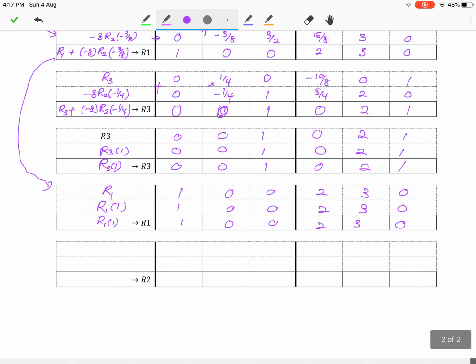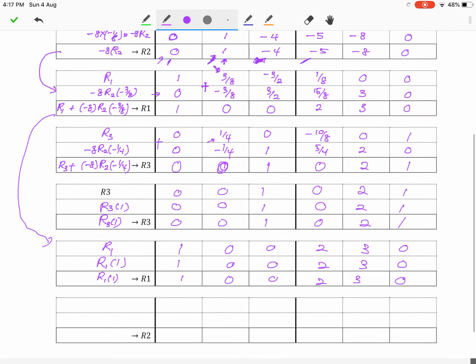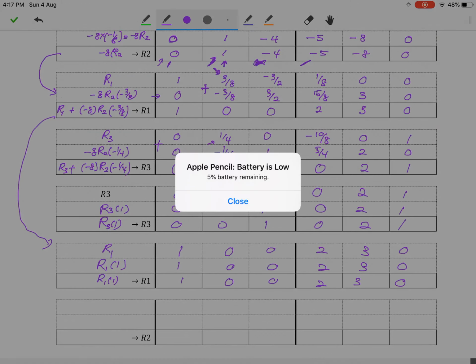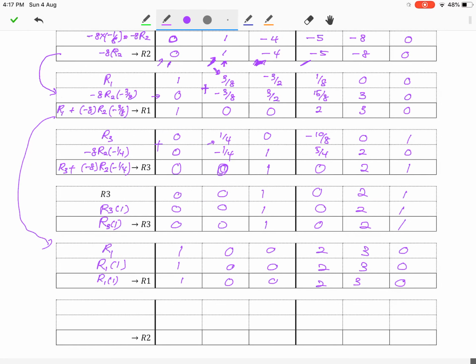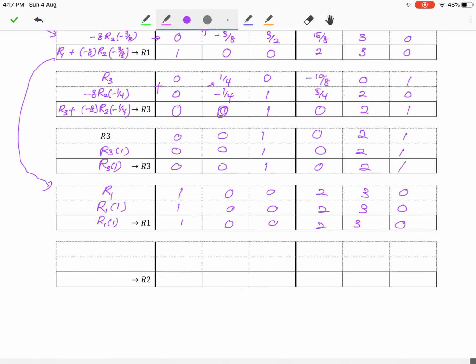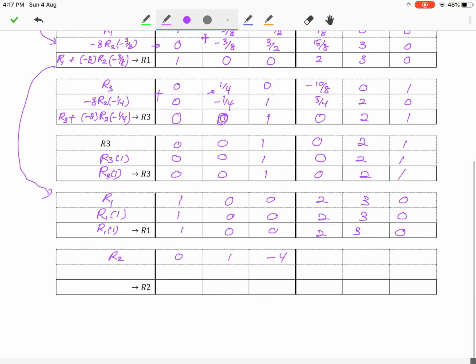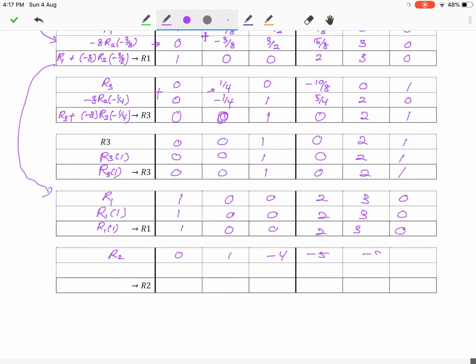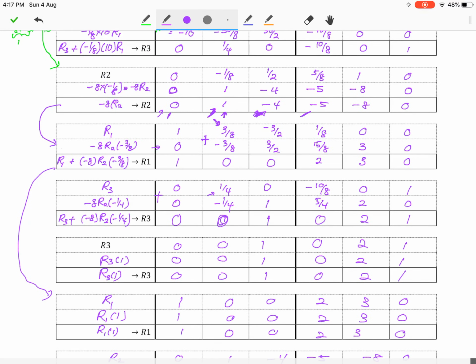So let's copy down R2. R2 is 0, 1, negative 4, negative 5, negative 8, and 0.